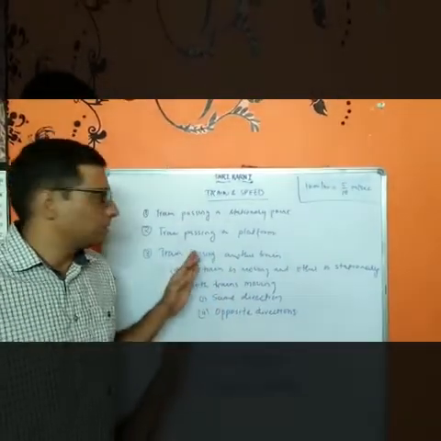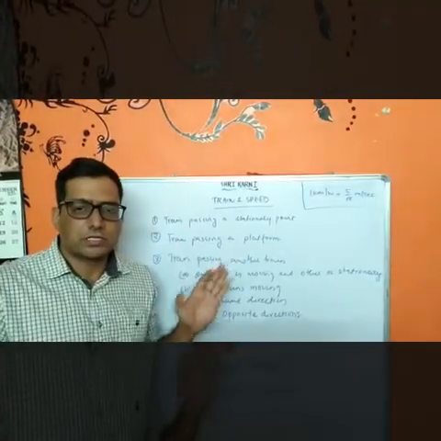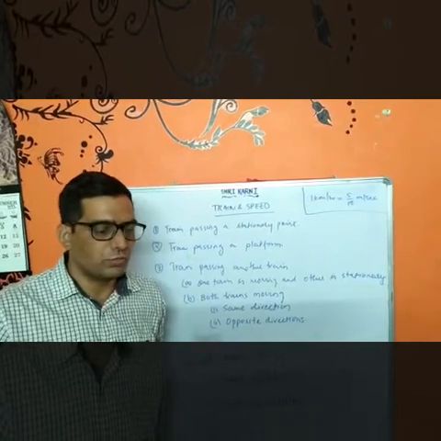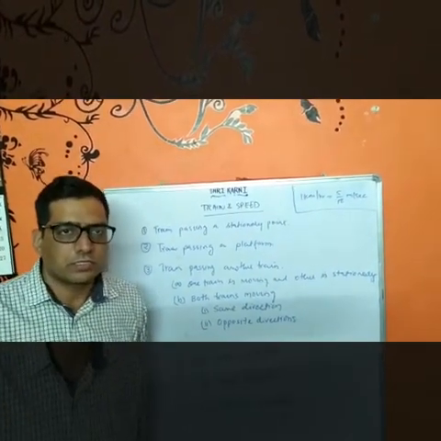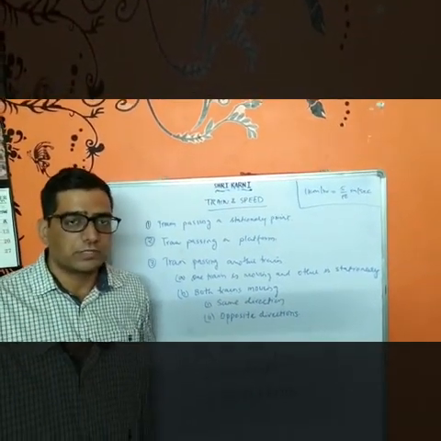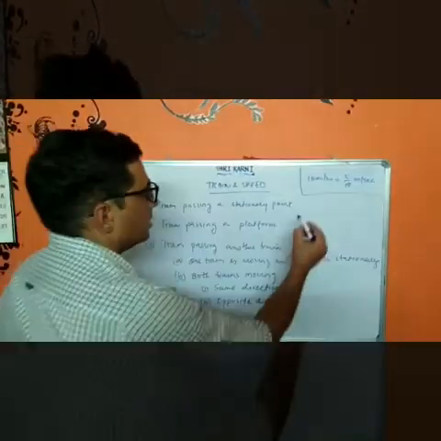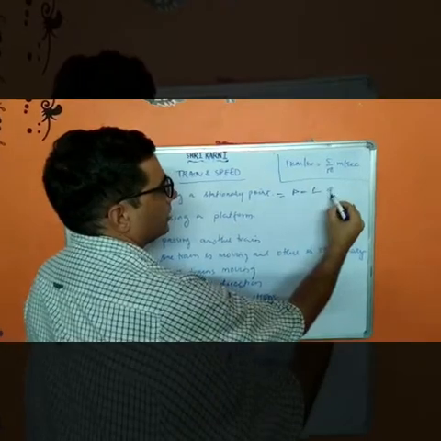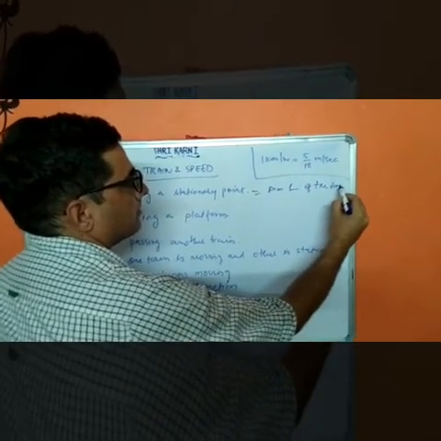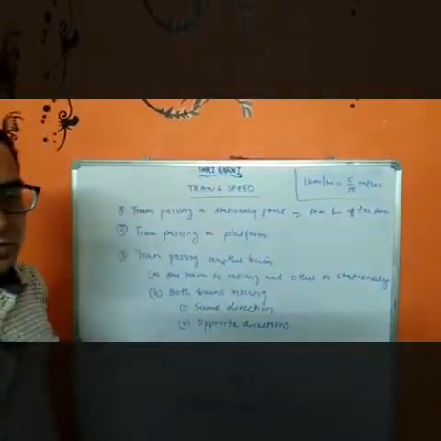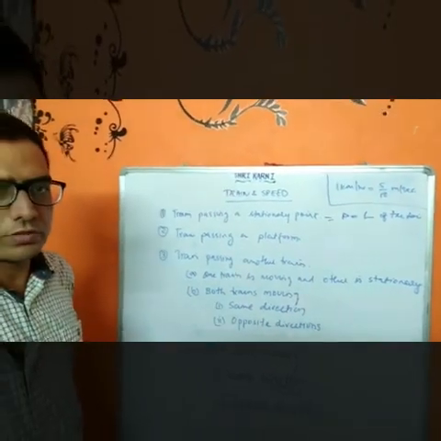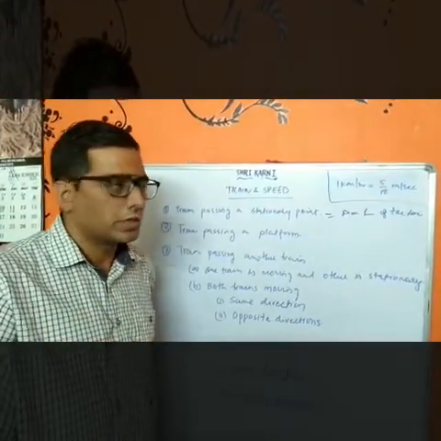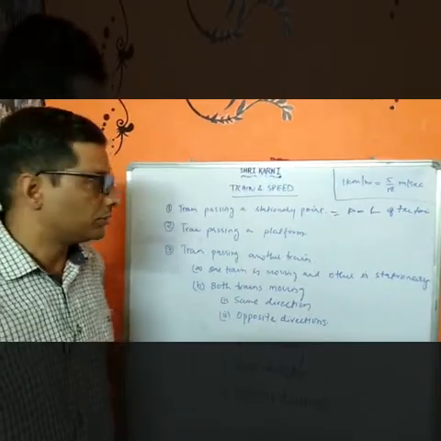The first category will be when a train is passing a stationary point, that is a pole or a human being. In that case, the distance will be equal to the length of the train, because the length of the stationary point will be considered to be 0.